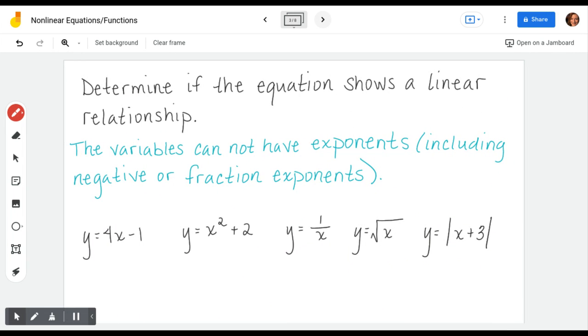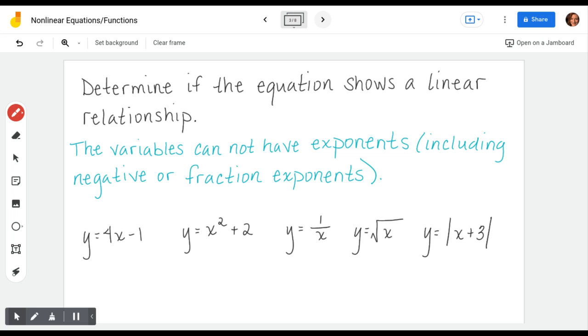Okay. To determine if an equation shows a linear relationship or if the graph would be a line, you need to make sure that your variables are just plain old variables, no exponents. You should have already learned about negative exponents, fraction exponents for roots. So you can't have a variable on the bottom of a fraction.